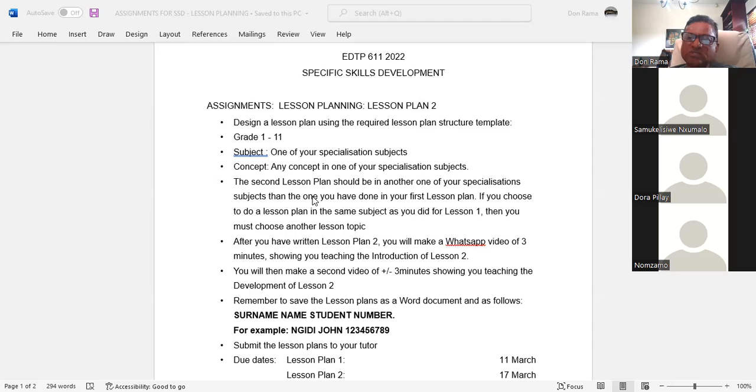You will also use the same lesson to make a second video recording where you show how you teach the development part. These are short lessons, and that is why we call them micro mini lessons.